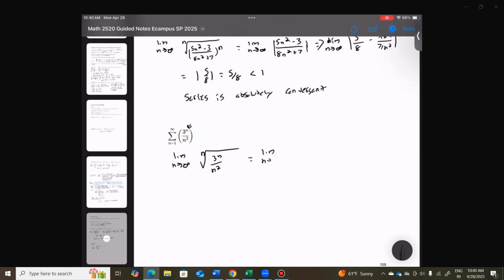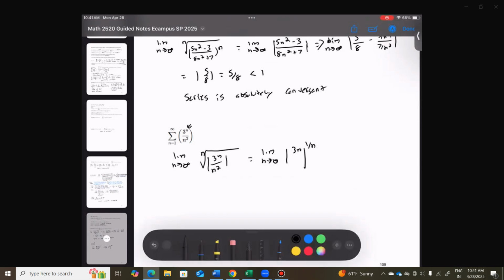Limit as n goes to infinity, keep forgetting my absolute signs, of 3 to the n to the 1/nth power. That's not 3n, that's 3 to the n.